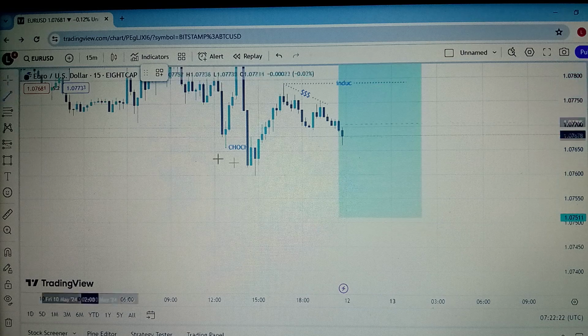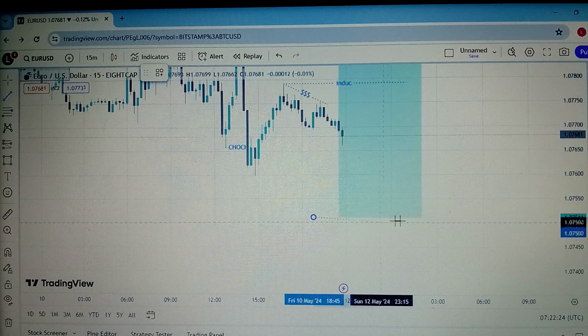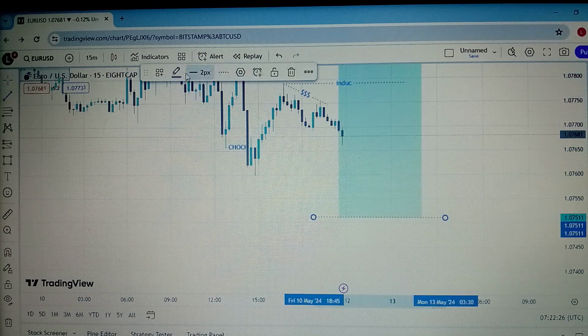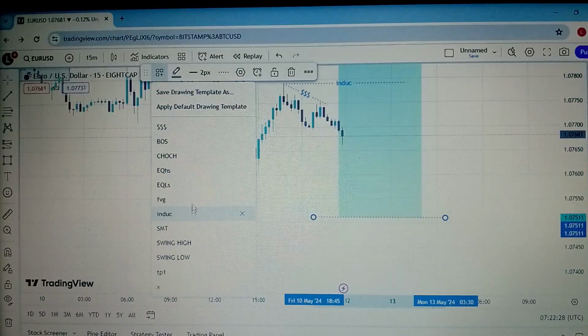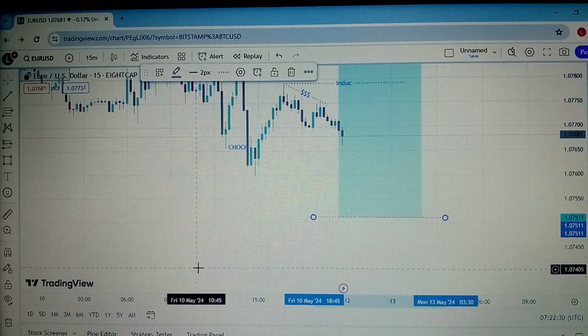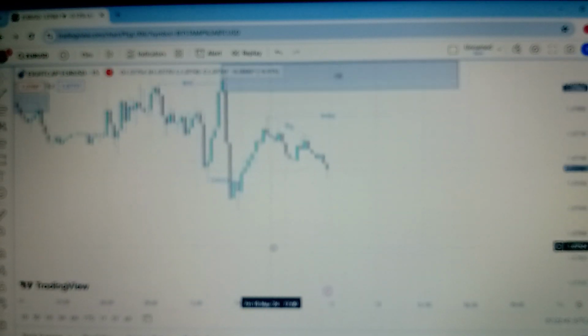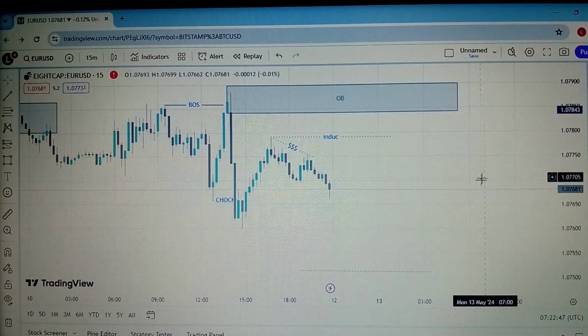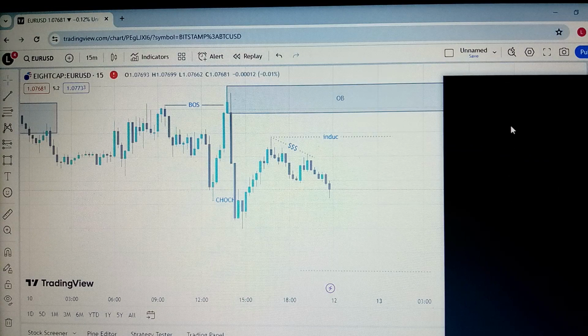Overall, 1 to 5 is my TP1, and I'd leave the rest for these demand levels right here.